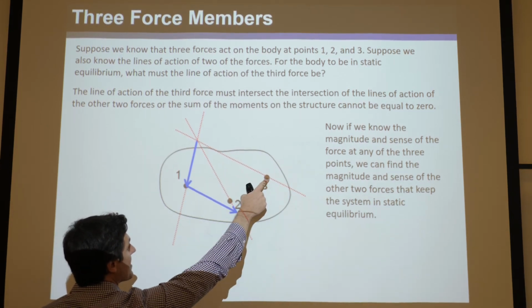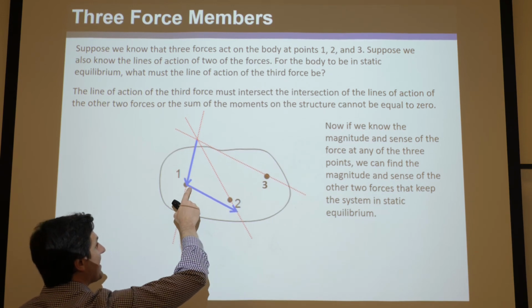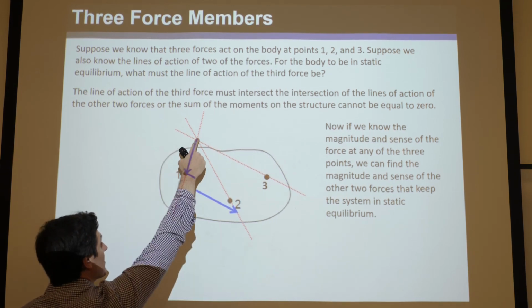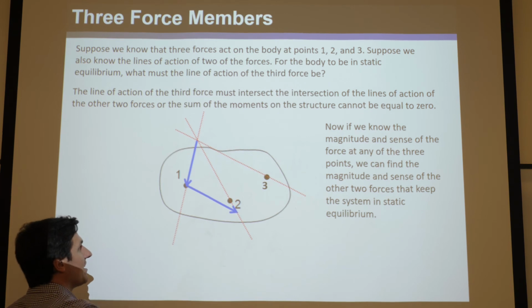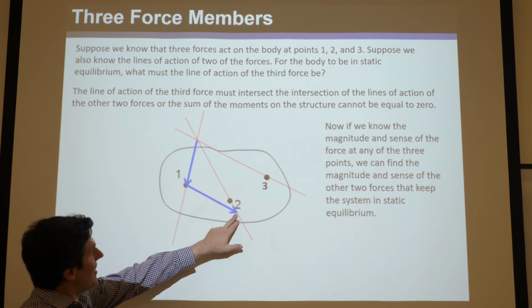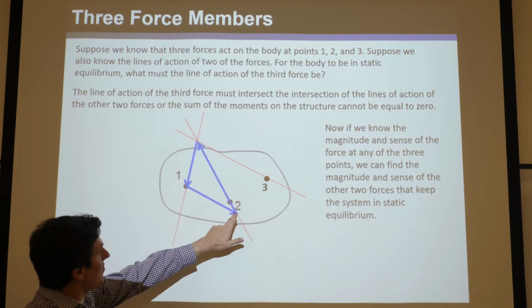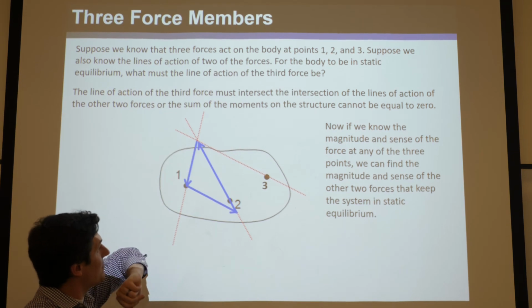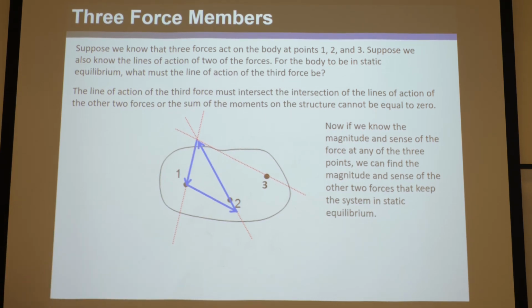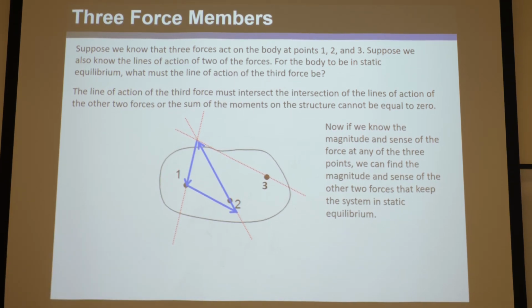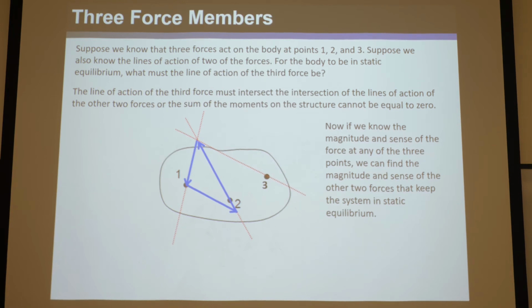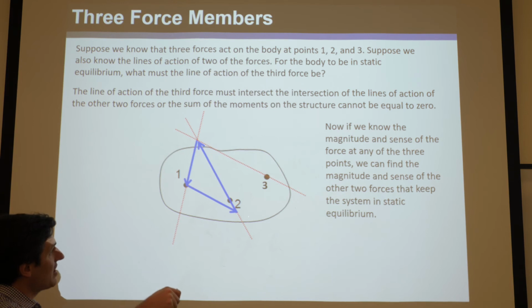This would be the force acting at 3, and we aligned it tail to head, tail to head, tail to head. And then, of course, on 2, it would have to go tail to head and go all the way there. Okay? So you see, for these to be in static equilibrium, the force vector loop has to equal 0. And because you know this geometry graphically, you can know the direction to draw them in.